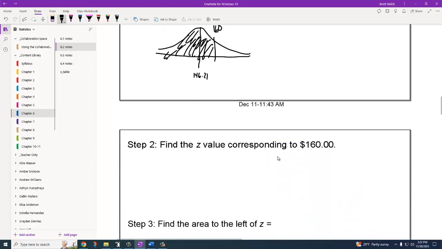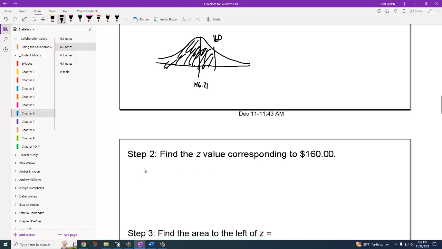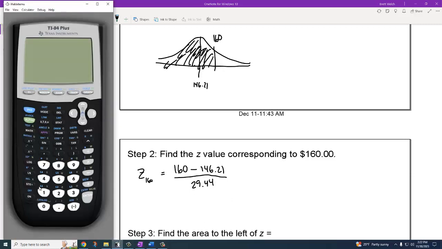Okay. So the next thing we need to do is find the z value for the 160. The z for 160 will equal 160, the value we're worried about, minus the mean, 146.21, divided by the standard deviation, which I believe was 29.44. I'm going to grab my calculator and make this calculation.